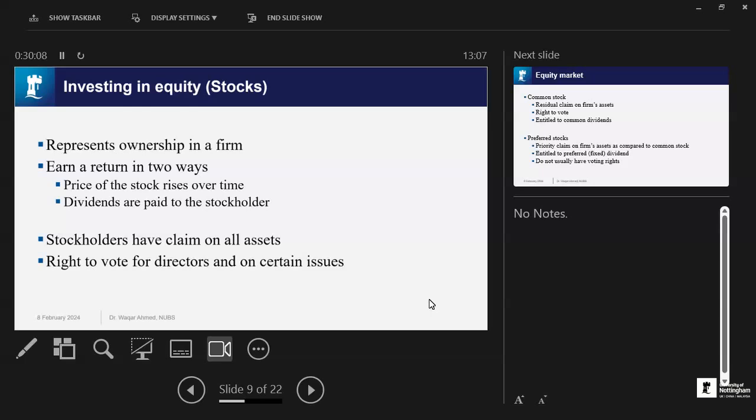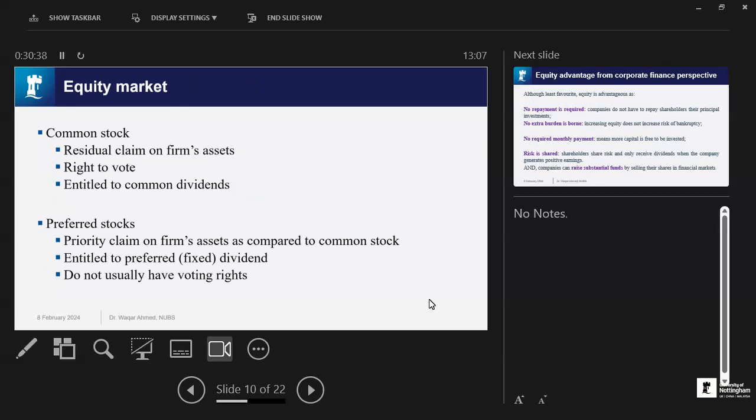So the ownership stake comes with voting rights, and these allow them to take part in the decisions of the firm. Shareholders get the right to vote for directors and on certain issues, and it's through these directors or managers that they run the firm.